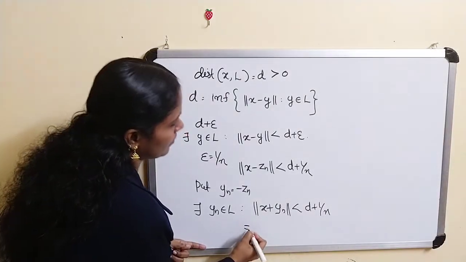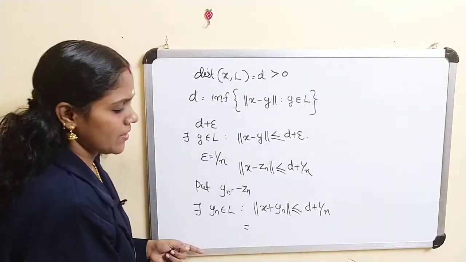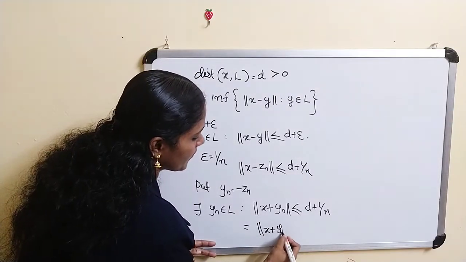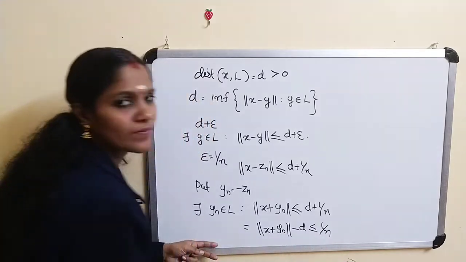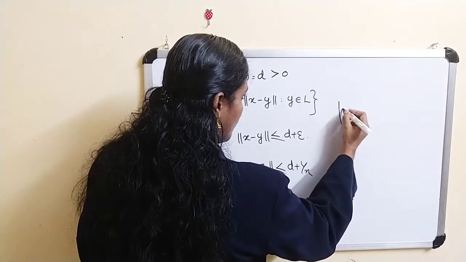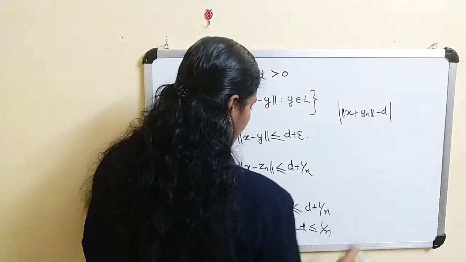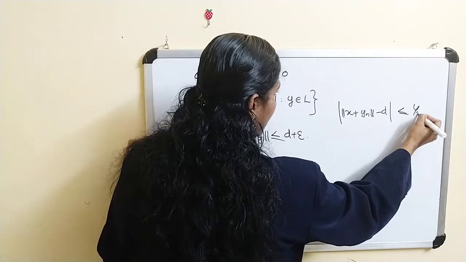From this, norm of x plus yn minus d is less than or equal to 1 by n. That means modulus of norm of x plus yn minus d is less than or equal to 1 by n.